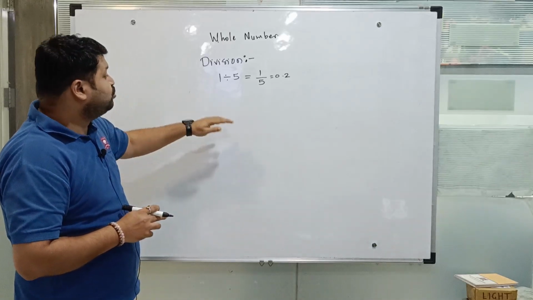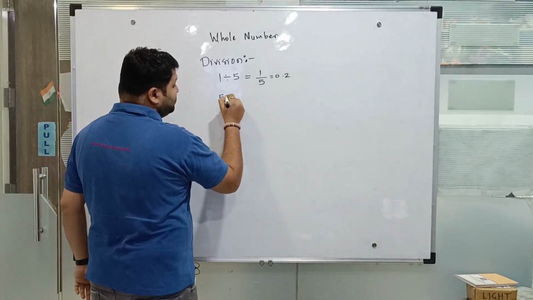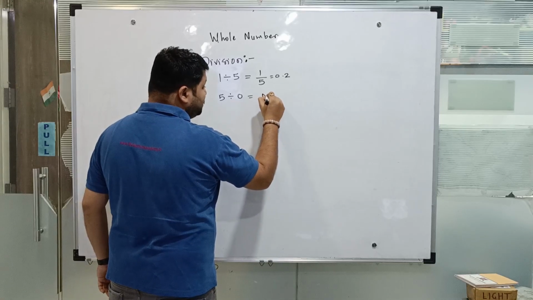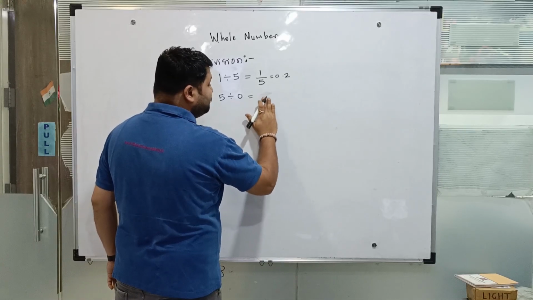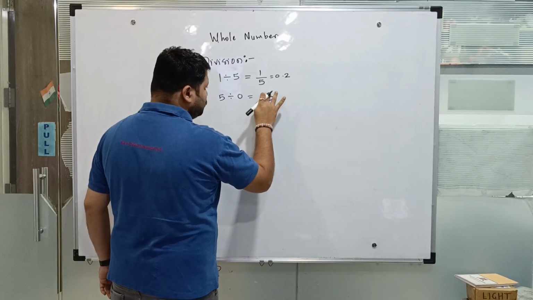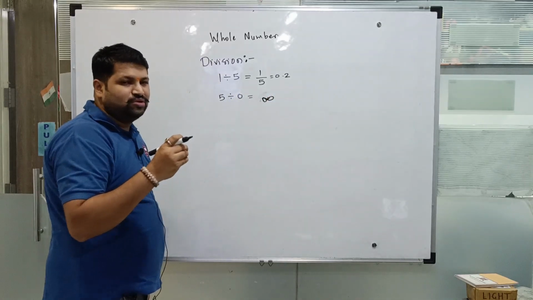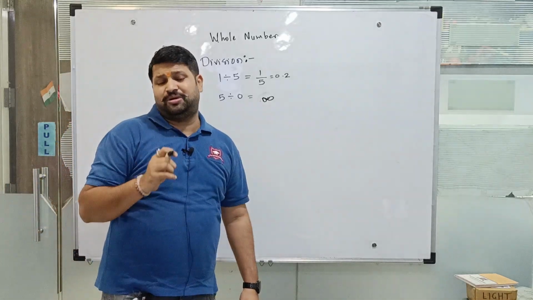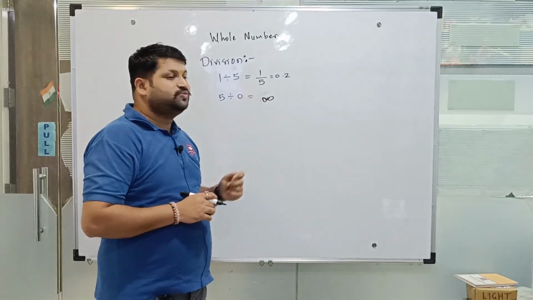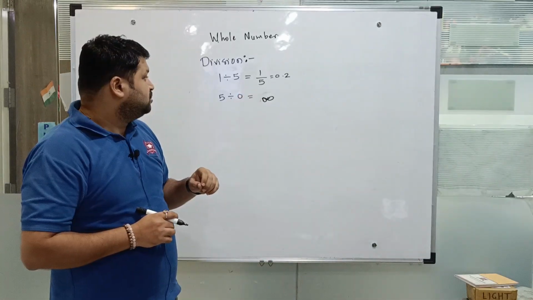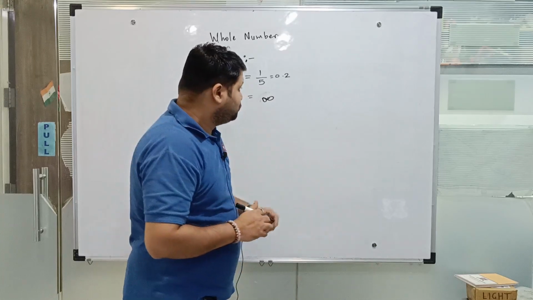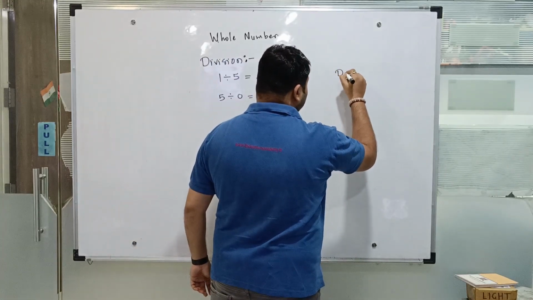Also, 5 divided by 0 would not be defined. I can write it as not defined or as infinity, because I cannot divide by 0. That's a problematic thing. So with both of these we can say that division of whole numbers does not follow the closure property.